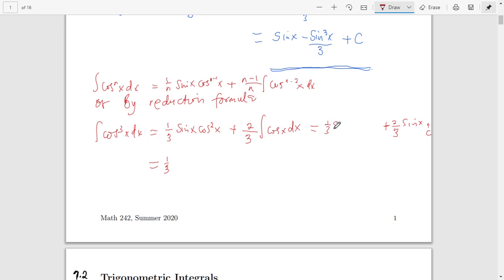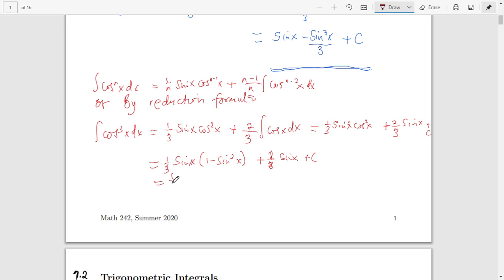I'm supposed to have sine x cosine squared x, right? So this is going to be 1/3 sine x. My cosine squared, I'm going to change it to 1 minus sine squared of x, and then plus 2 over 3 sine of x plus c.